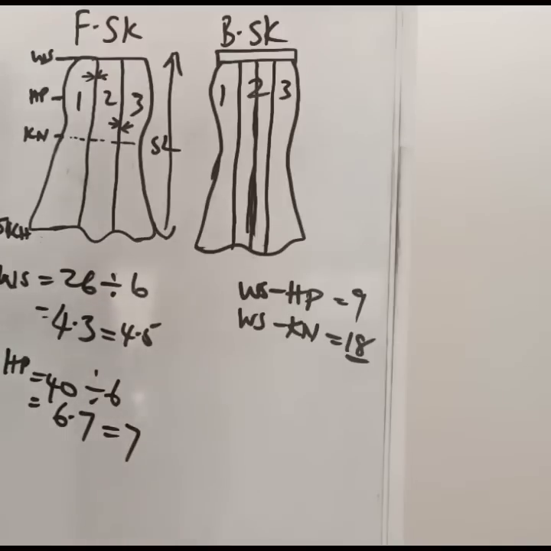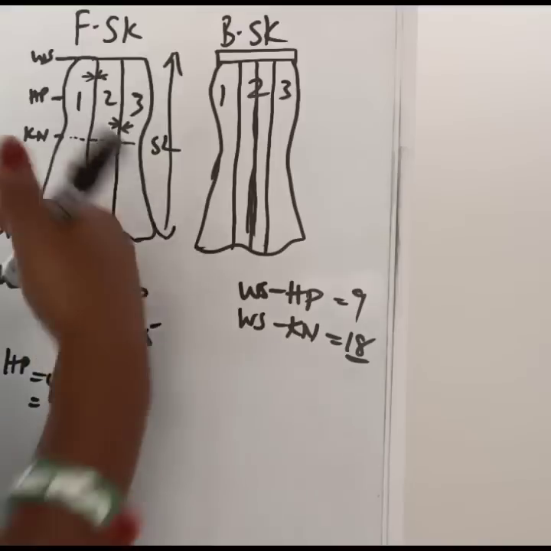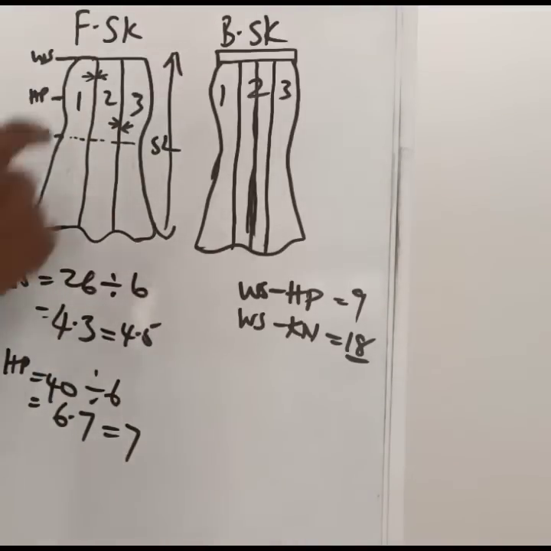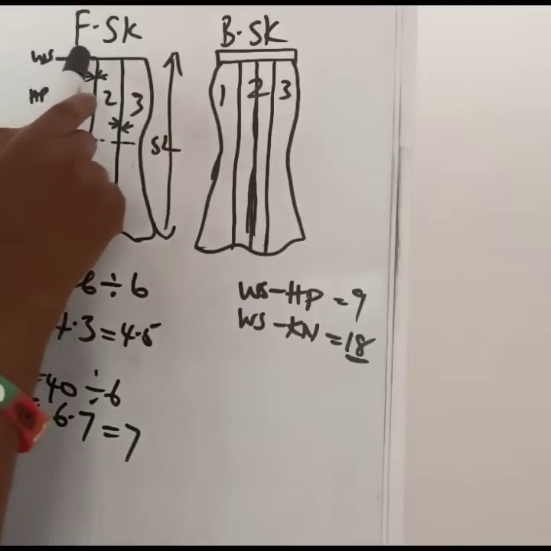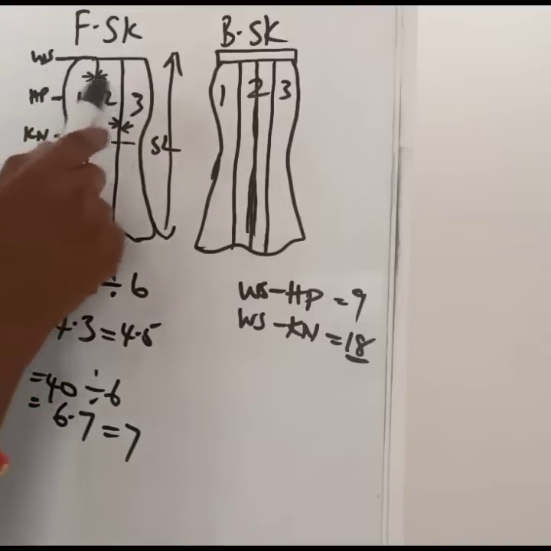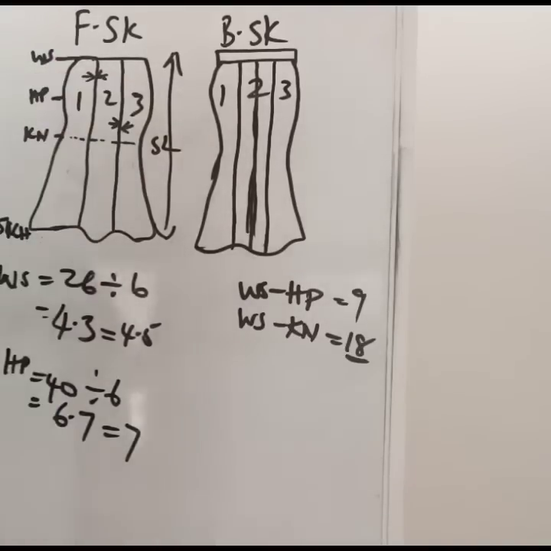Okay, so I'm going to be explaining each of the pieces, but I just want to explain the seam that we need. For this number 1, we need a seam allowance to join 1 to 2, which is 0.5. And also, we need a side allowance.